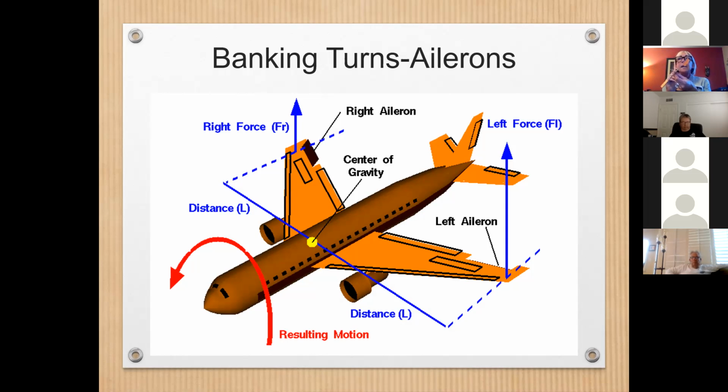So we're going to be banking to the right, like they show here. Now, one of the problems with creating lift is we create more drag. It's just the tax that we pay for more lift. We're going to have a little bit more drag. We're going to talk about that in a minute when the airplane yaws.